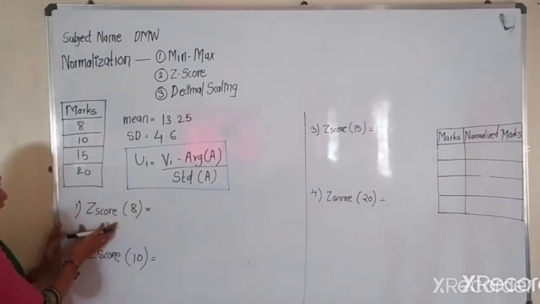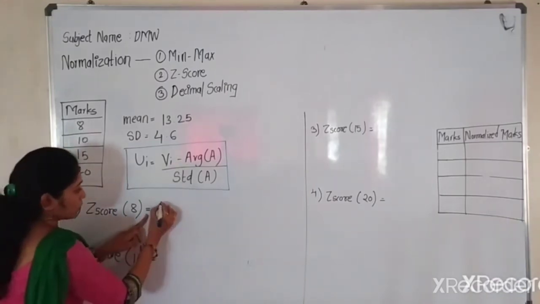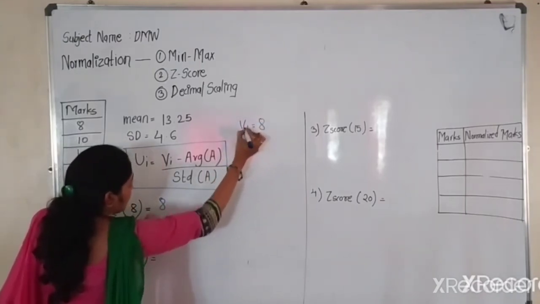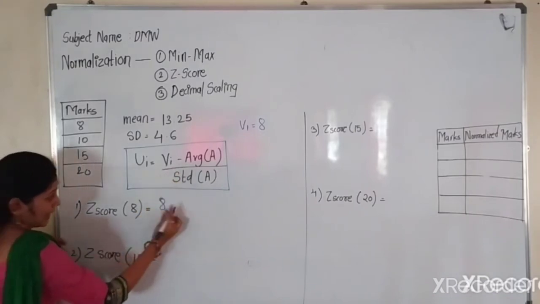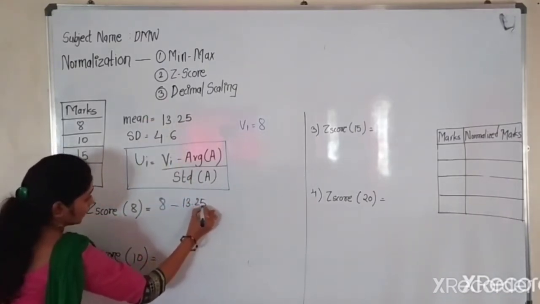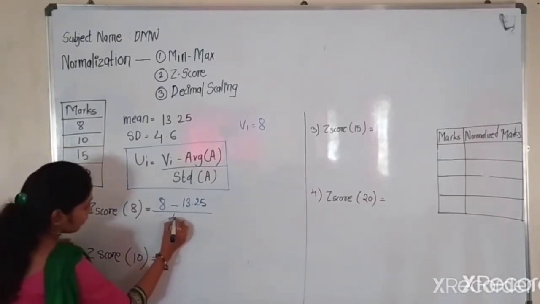If I want to find the Z-score normalization for this 8, what I am going to do is put this value. V1 is nothing but 8, that is the first value. So V1 is 8 minus, what is the average given here? 13.25, and what is the standard deviation? That is nothing but 4.6.